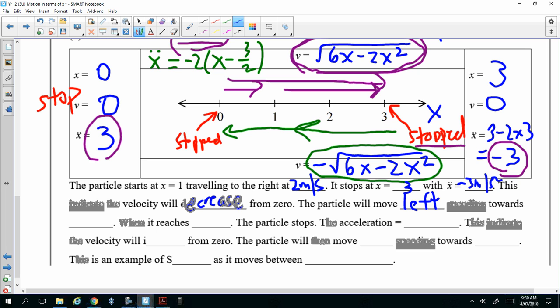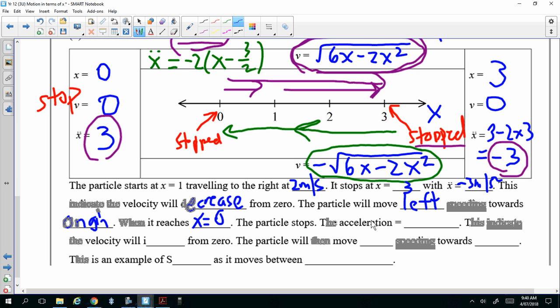When it reaches the origin, it stops again, and the acceleration is positive. Because the acceleration is positive, this indicates the velocity will increase from 0.